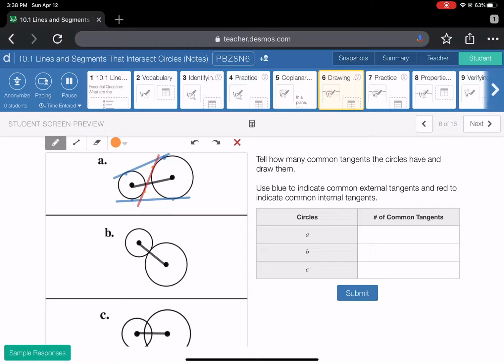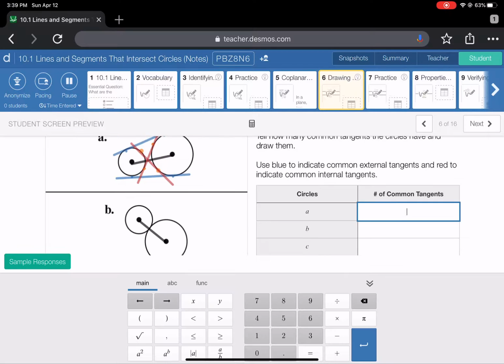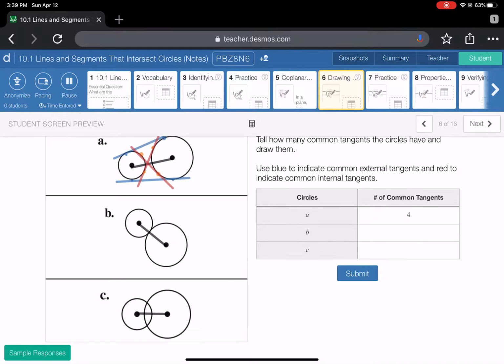So this is called an internal tangent. Then we can draw another one going from top to bottom. That line also crosses one time, and it goes through that center connecting line. So these two circles have 4 common tangents. 2 are internal, 2 are external.